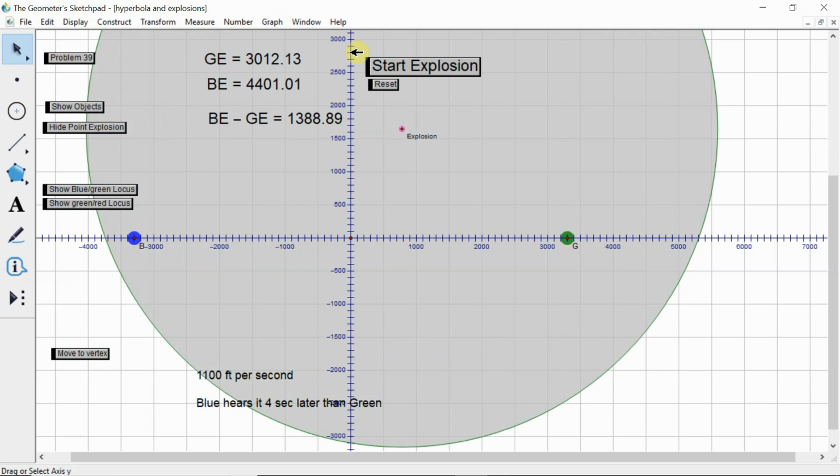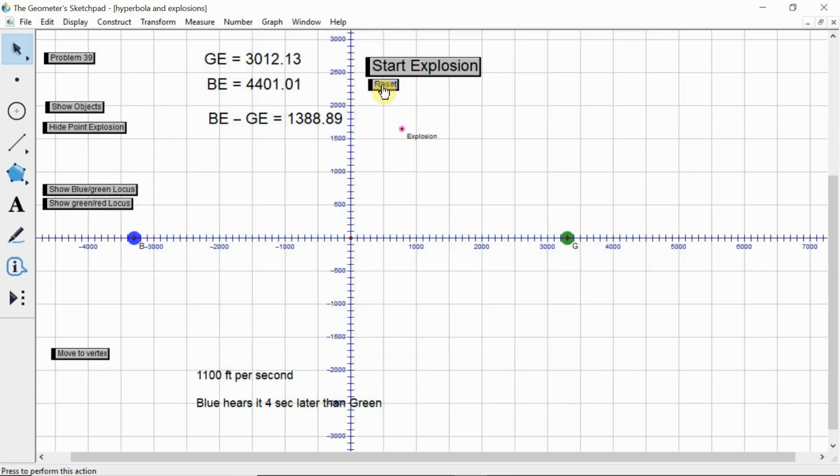So there's a time difference between the two, right? Green heard it sooner than blue. And so here's what that means, and here's how this is a hyperbola, okay? If I would draw a line from one listening post to the explosion and the other listening post to the explosion, there is a distance that is different between those.